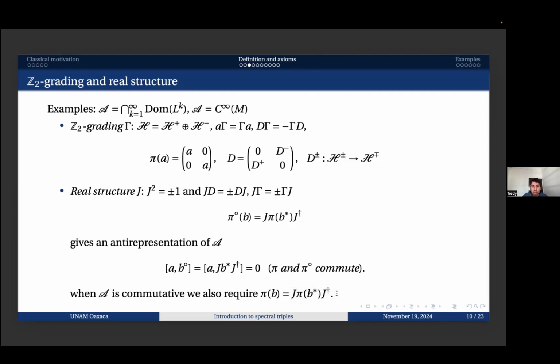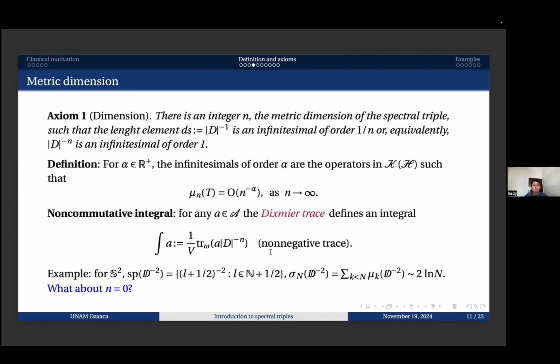Maybe in this talk we will not need this last condition. But the most important thing in this slide is that the real structure induces an anti-representation of the algebra.